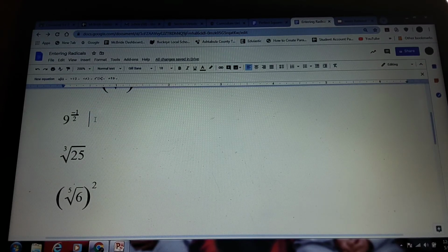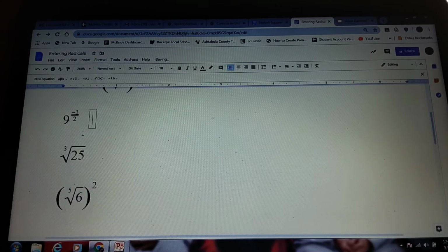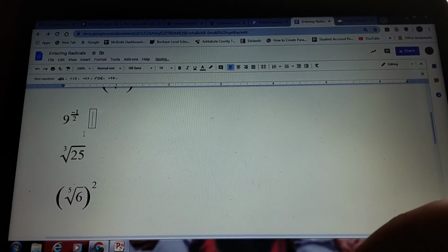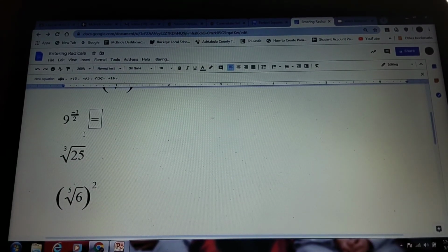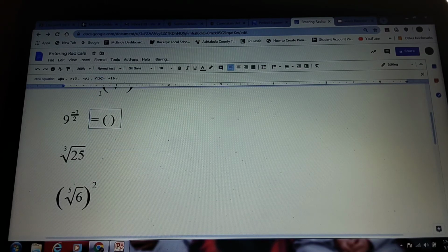Okay, one more time. 9 to the negative 1/2. Hit Insert, Equation, then Equals. Math toolbar, X to the B. Math toolbar, parentheses.